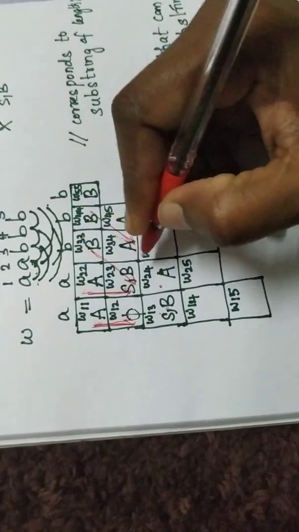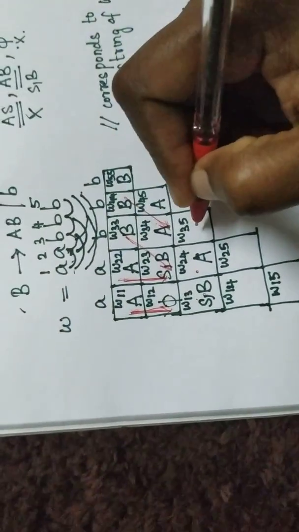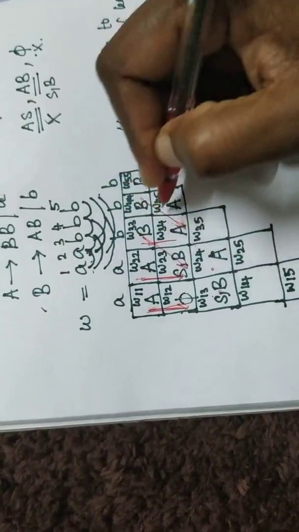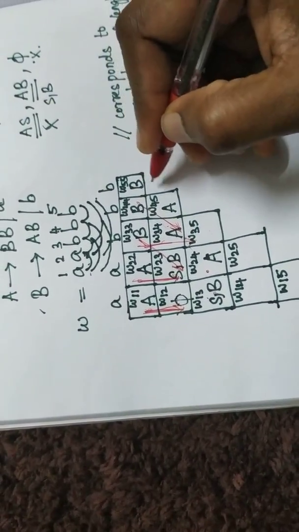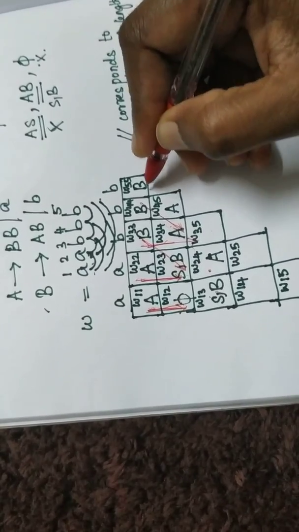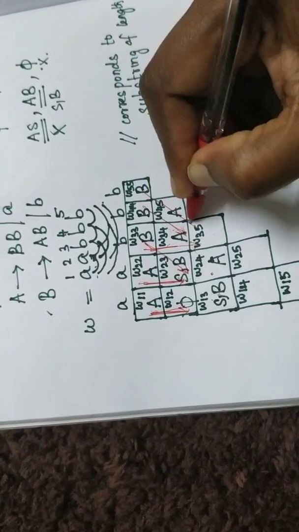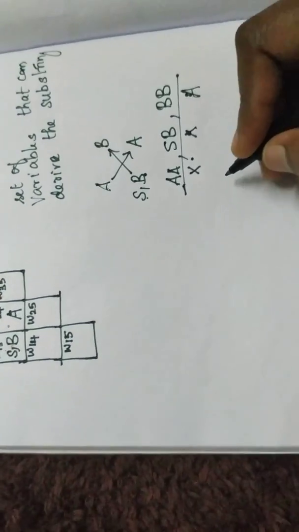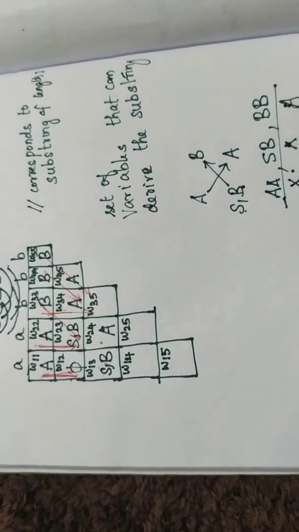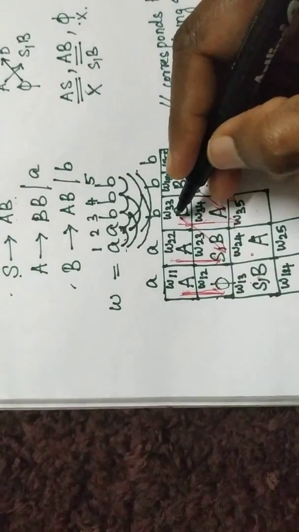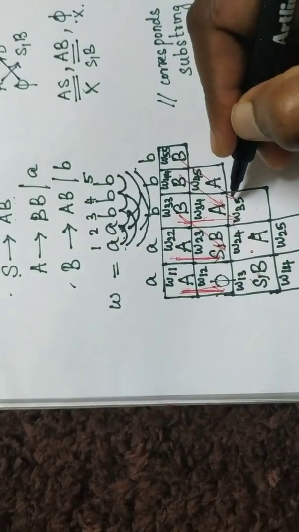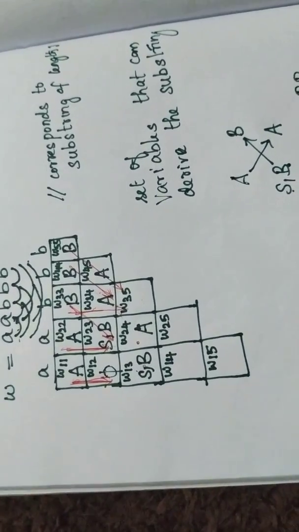Now the third one. So now coming to this, for finding this cell, we are going to take the diagonal of this. So we are getting BA from here, and then again BA from the diagonal.